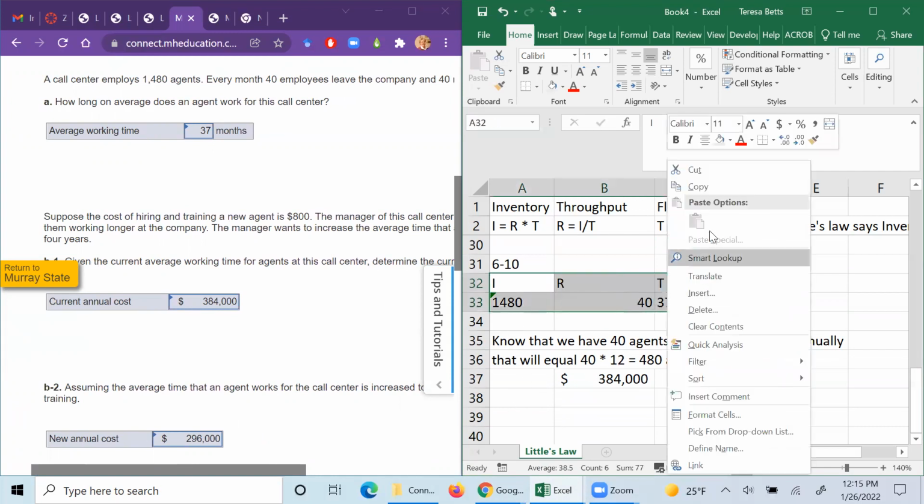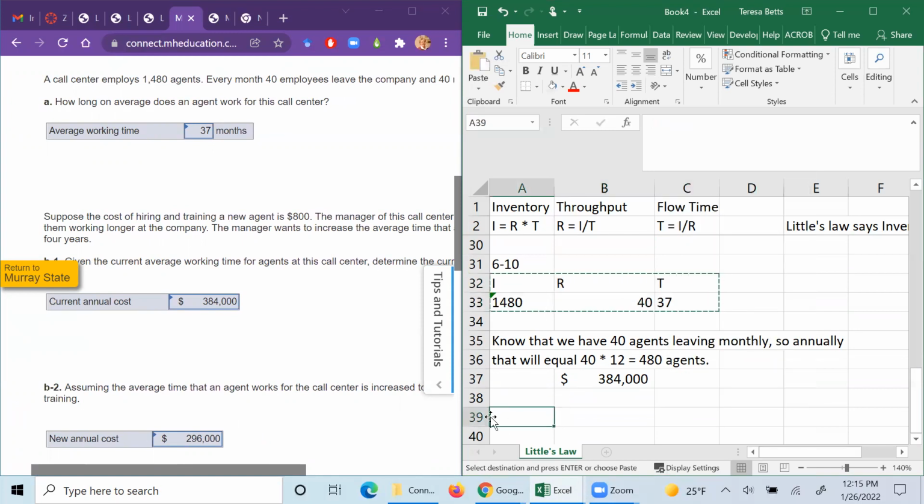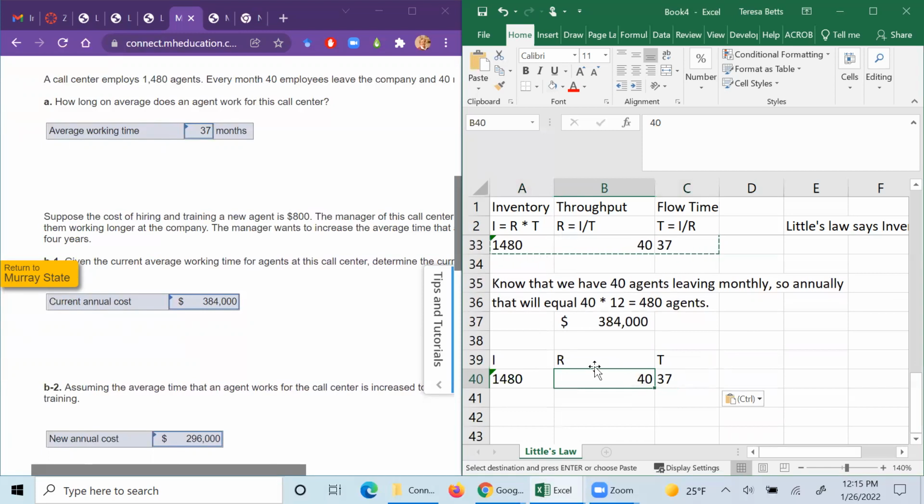So I'm going to just do a quick shortcut and copy this down. But instead of this being what we know, we actually are saying that it's going to be 48 months. So then I'm going to say my throughput is going to be equal to my inventory divided by the months that an agent stays. And that's going to change to 30.83.